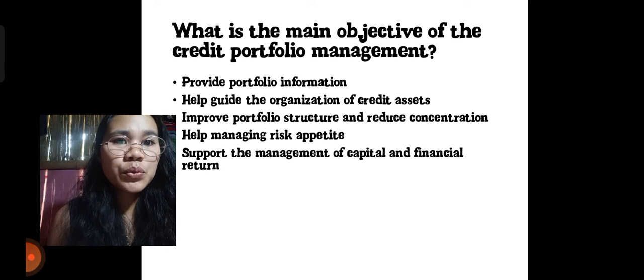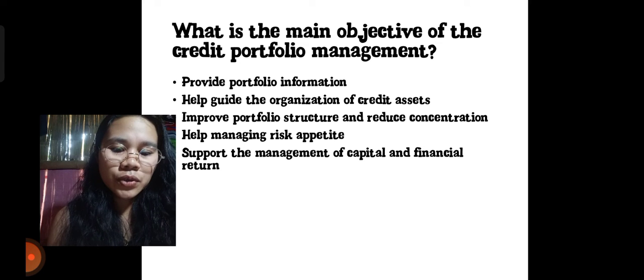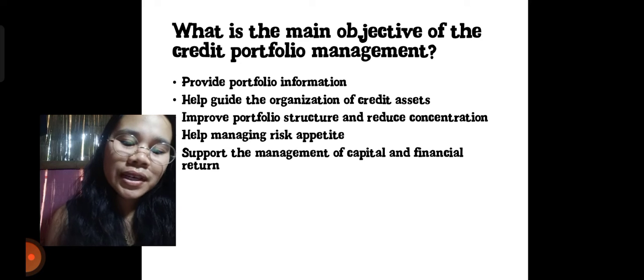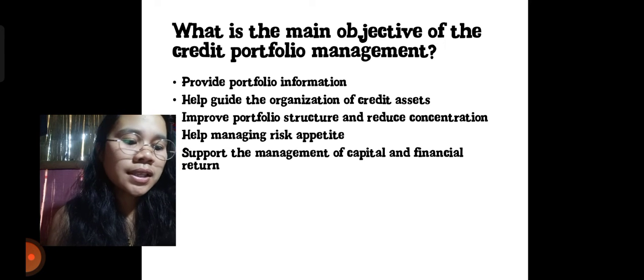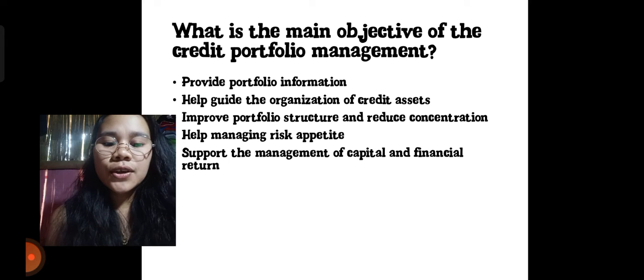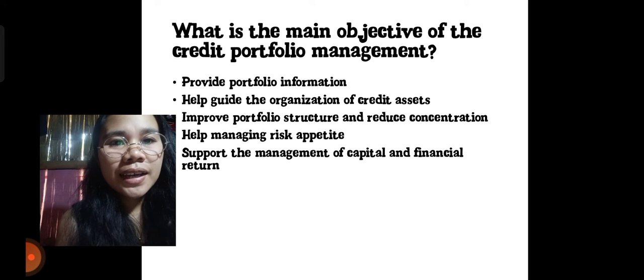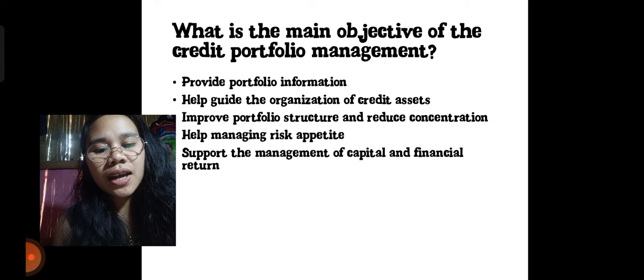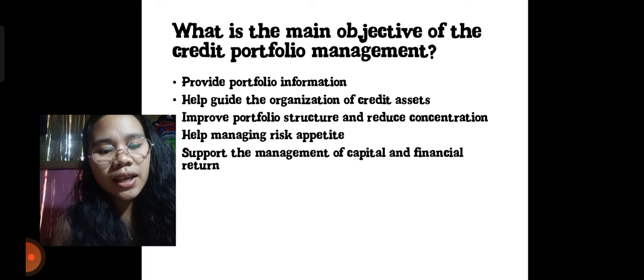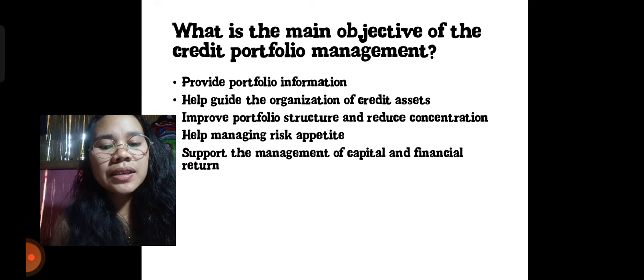Next is improve portfolio structure and reduce concentration. So concentration refers to disproportionately large risk exposure to specific credit risk. Next is help manage risk appetite. Risk appetite is also tolerance, in which there is a set of explicit internal organization statements.